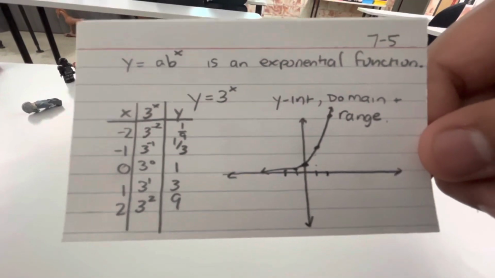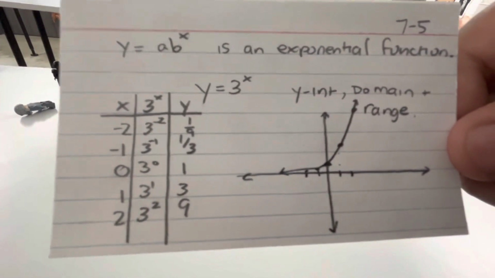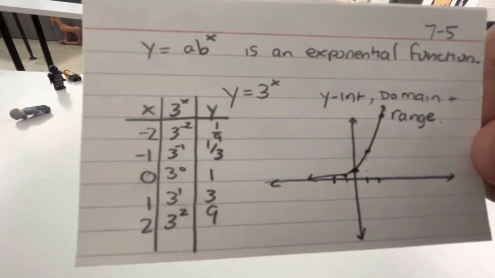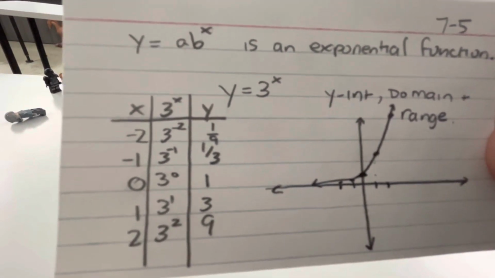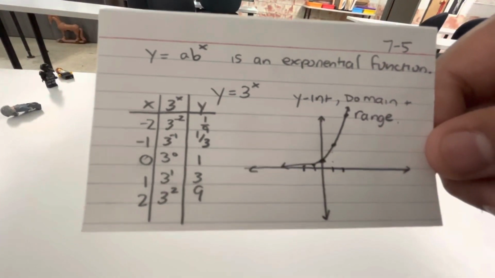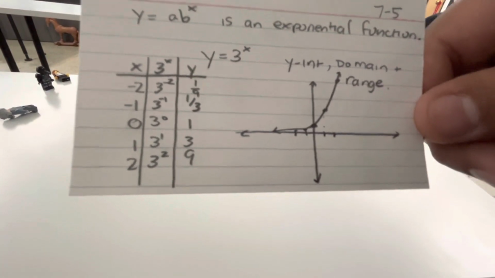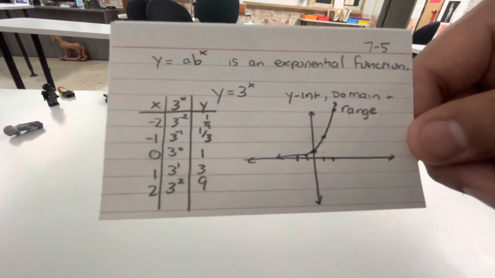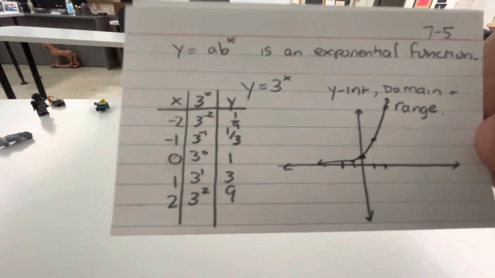Y equals a times b to the x power is an exponential function. Y equals 3 to the x power. We can sub in x for -2, which equals 3 to the negative second power, which equals 1/9. Or we can sub in x for -1, which equals 3 to the negative first power, which equals 1/3. 0 is 3 to the 0th power, which equals 1.